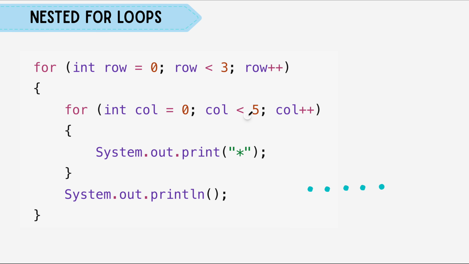Since it ran 5 times, it runs actually 0, 1, 2, 3, 4, and then it goes to the next line, and then comes back as 1. So this is essentially going to run 3 times, printing 1 more each time. So this is how the stars are going to be. If you get this as a multiple choice question, you can just choose the one that looks something like that.